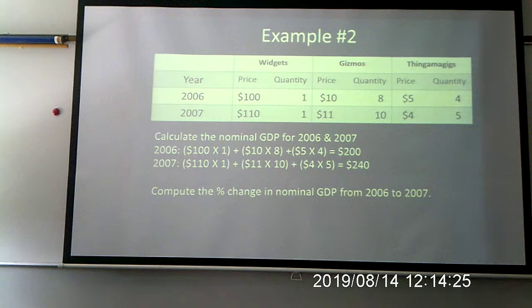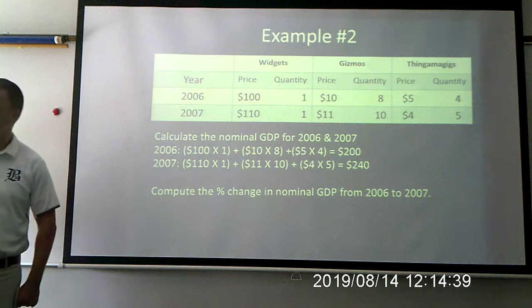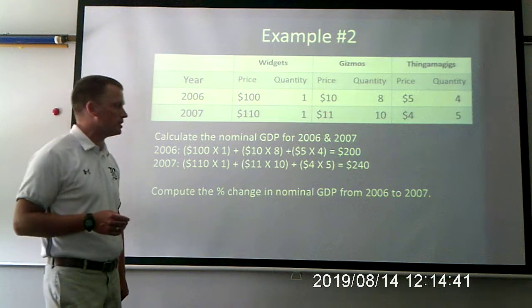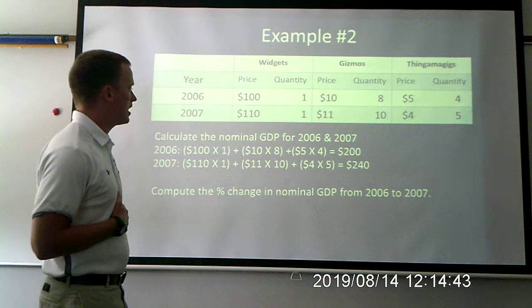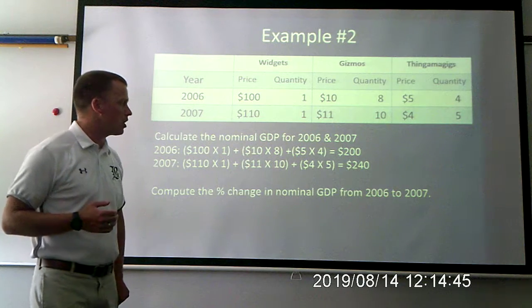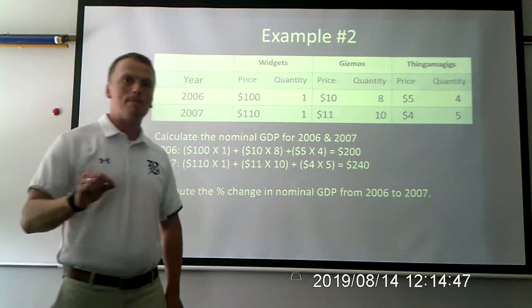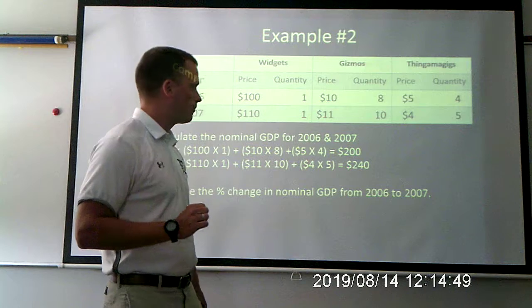Compute the percentage change in nominal GDP from 2006 to 2007. To compute percentage change, you take year 2 minus year 1, over year 1.